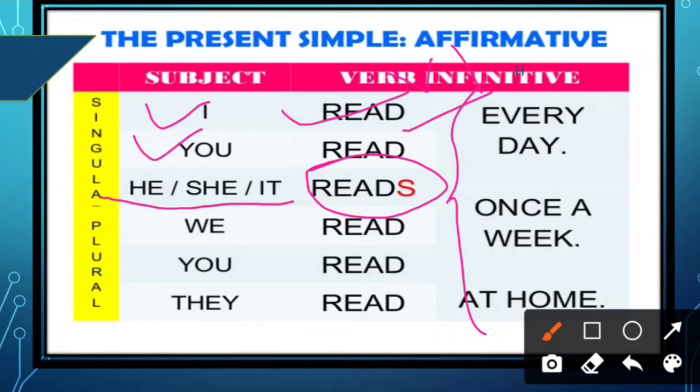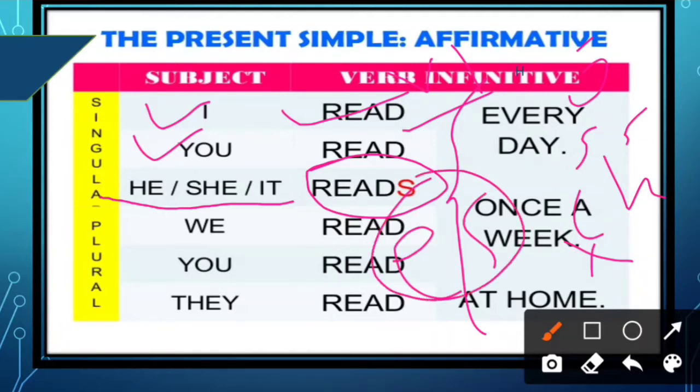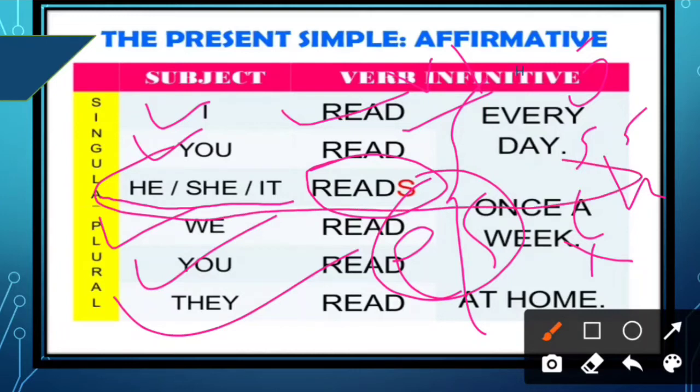Generally verbs ending with ss, ch, x, o, we will have to add es, otherwise we will have to add s. Here you can see the plural form. We read once a week, we read every day, you read, they read, and the remaining words will be added after that. So the only difference you will find is in the third person singular.